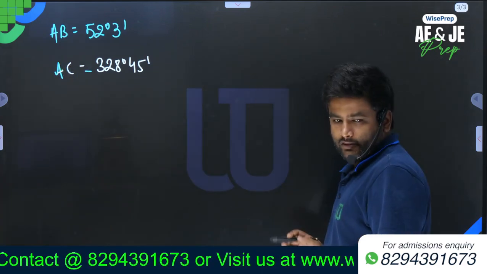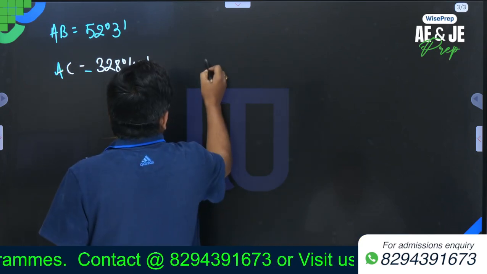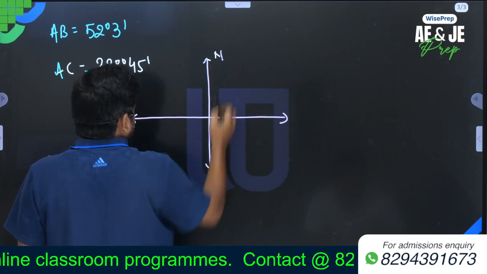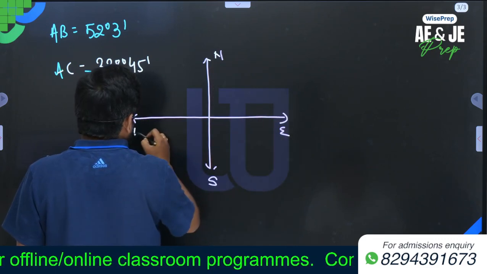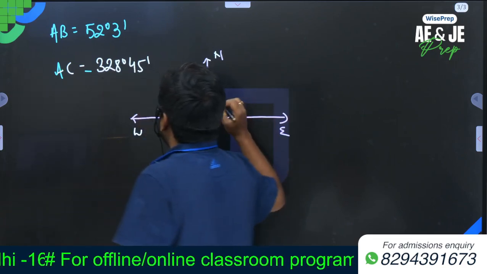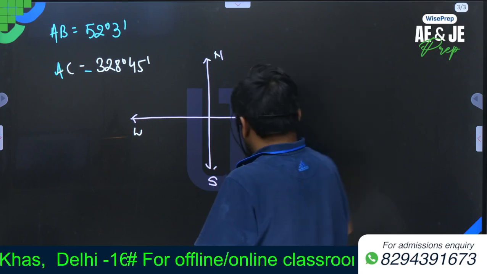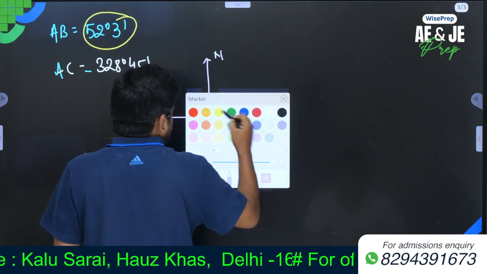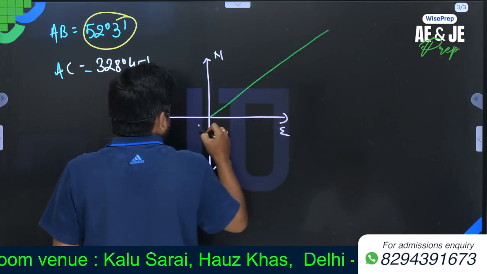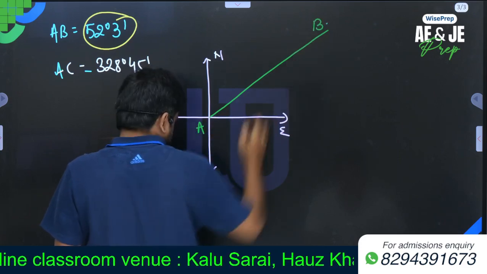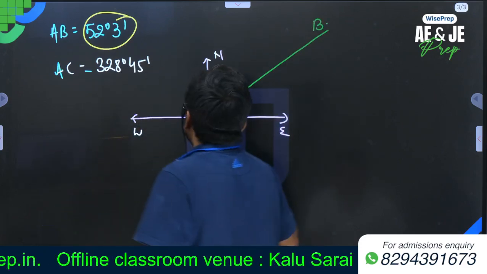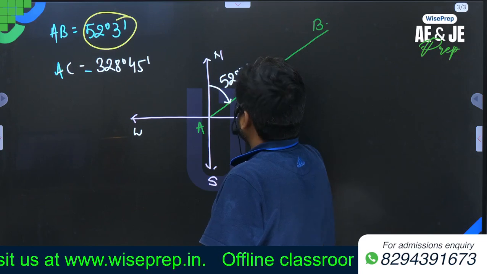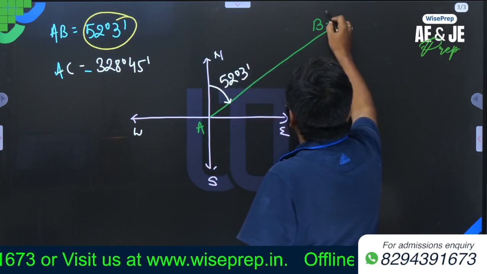Got it? Now let's see here. This is north, this is south, this is east, this is west. Since AB is in the first quadrant, A and B go here, this is 52 degree 3 minute, and 328 degree is in the fourth quadrant.